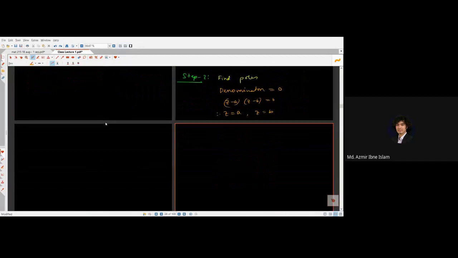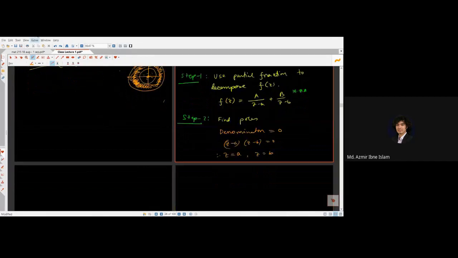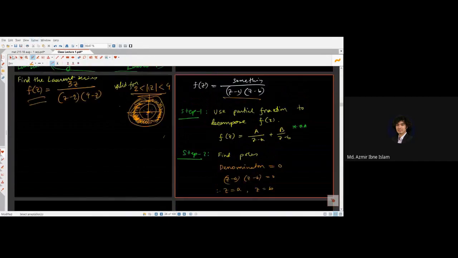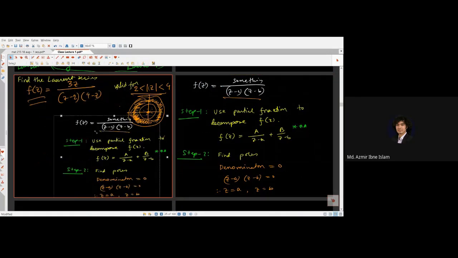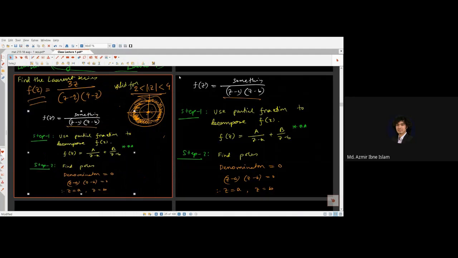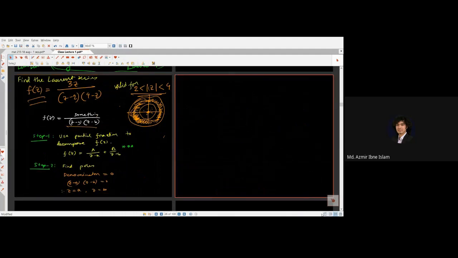In step 3, so this is step 1 and step 2. Let me write step 3 here.